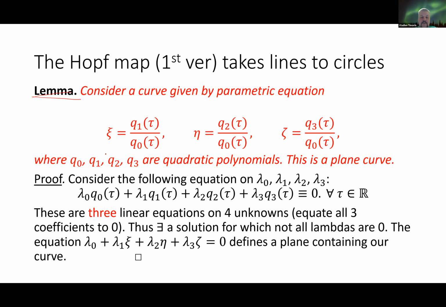So that we have four quadratic polynomials of one variable tau, and then we form three ratios, and this will give a curve. So the statement about this curve is that this curve is a plane curve in the sense that it belongs to some plane. It lies in some two-dimensional plane.